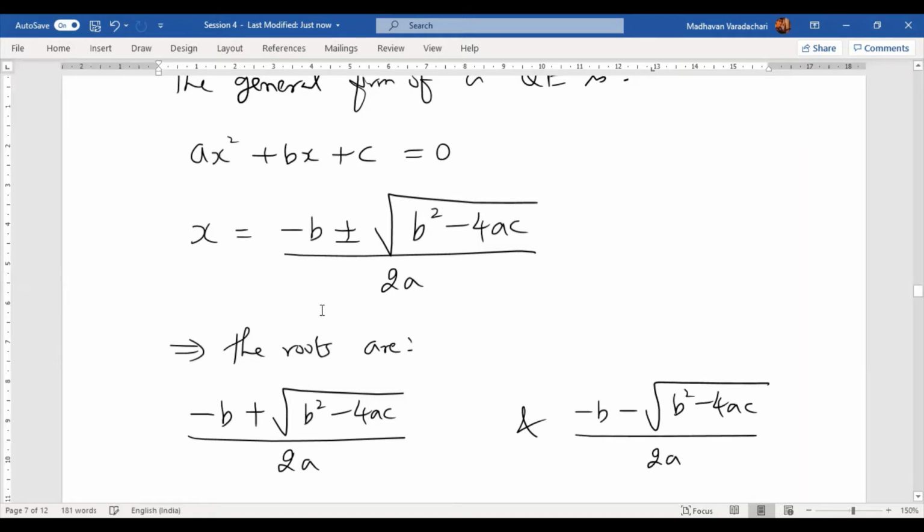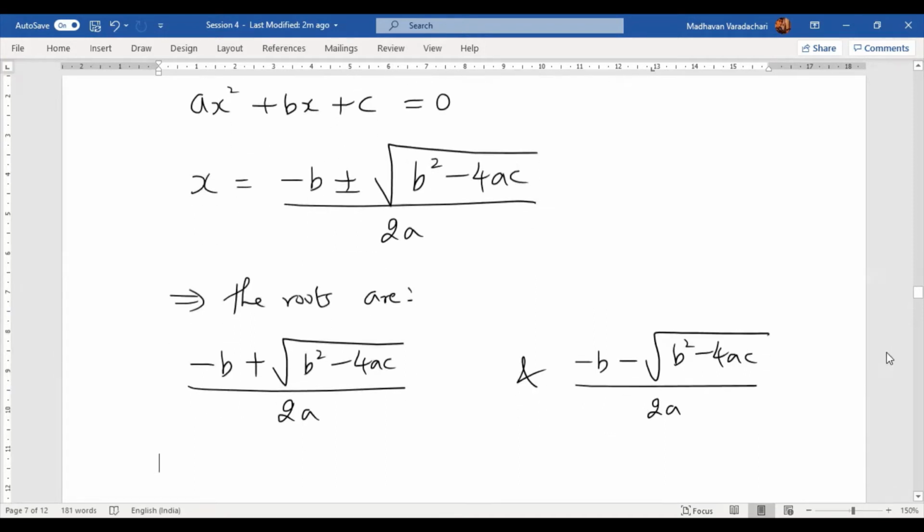What I did is simply split this into two roots. There is a plus or minus here; here I wrote only plus, here I wrote only minus. Because we always get two solutions for a quadratic equation, the first solution is this, the second solution is this.